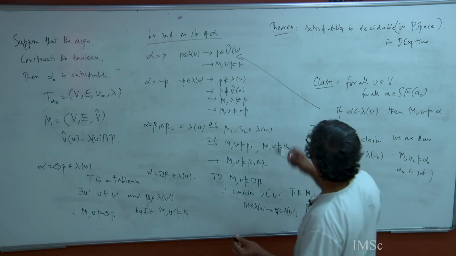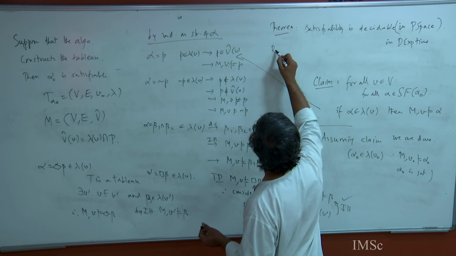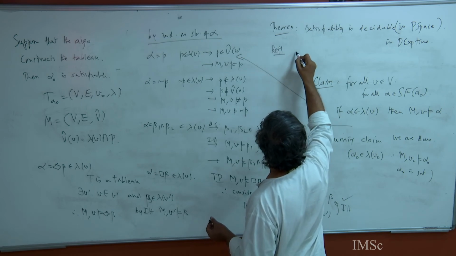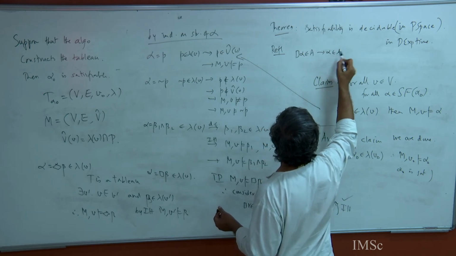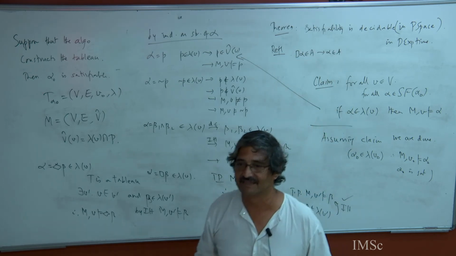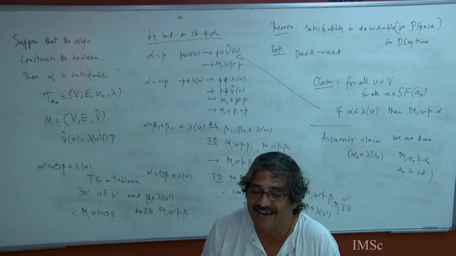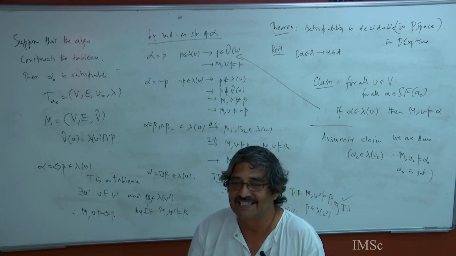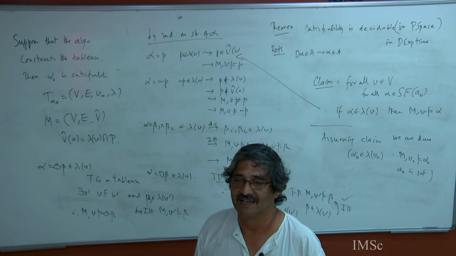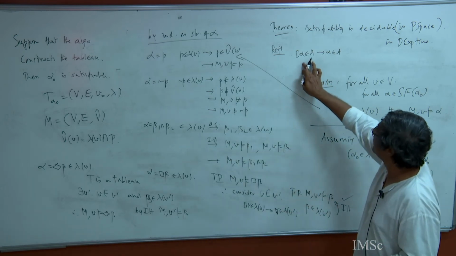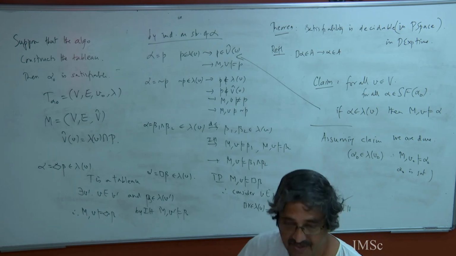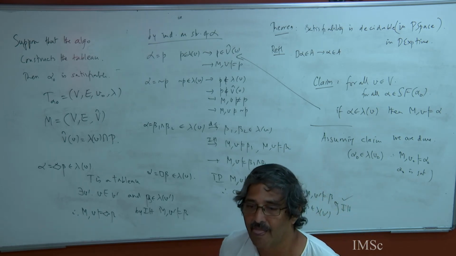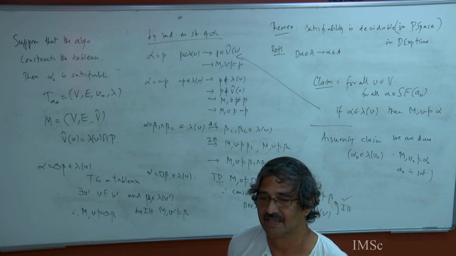So that means in the down closure condition, if box alpha belongs to A, then alpha belongs to A. That's an additional condition. It's a down closure condition. So far the conditions that we had were only propositional. Now in addition you have this. So that's something you have to do. What else?